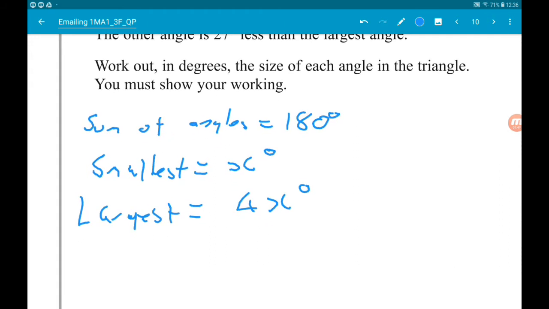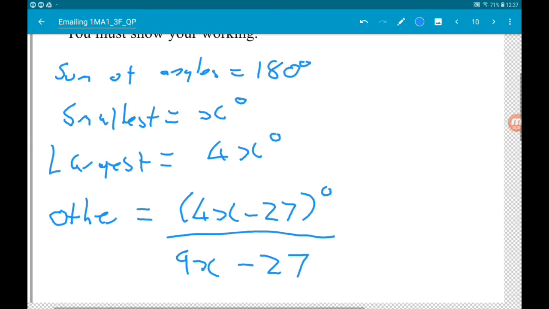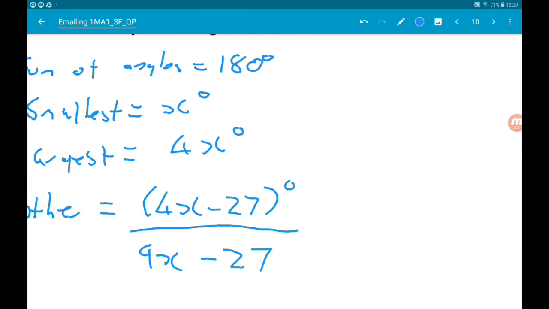So the other then is 4x minus 27. Now, if we add all of those together, we get x add 4x add 4x, so that's 9x, minus 27. So that's all 3 angles added together. Now we know that has to be 180.